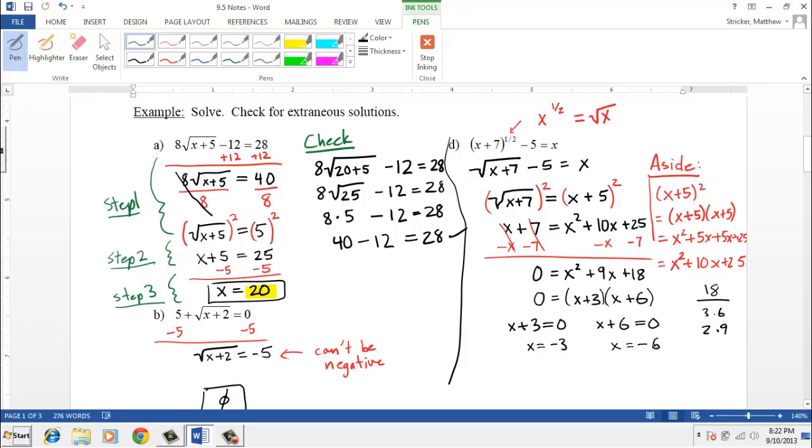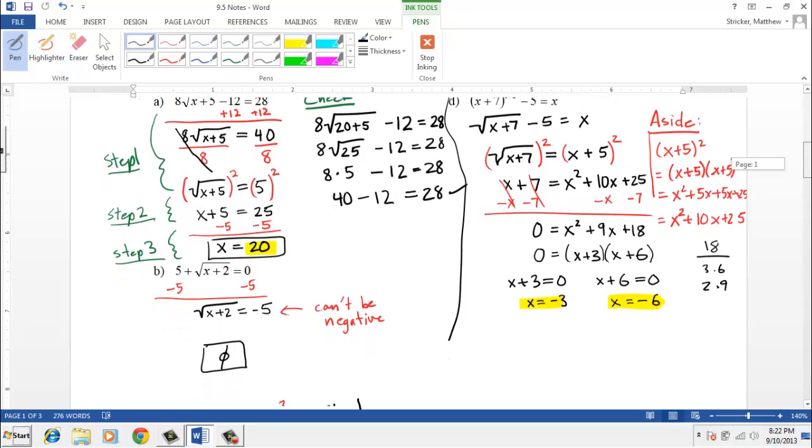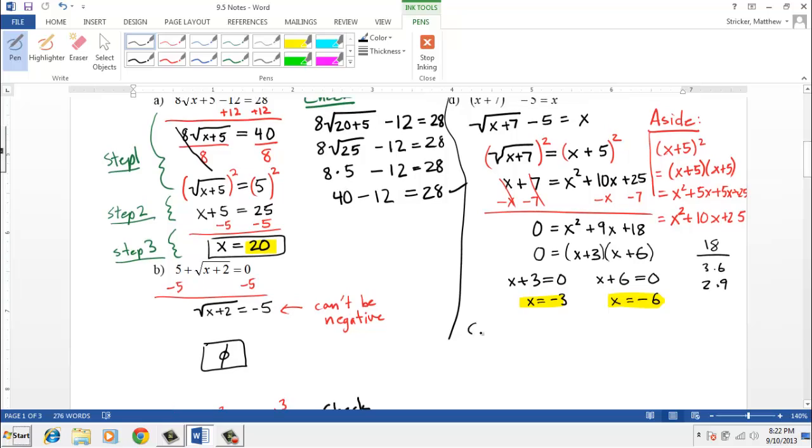And so now we have these two answers. And what's our last step? What's the thing we have to do last once we've found some potential answers? We need to check. And we always check not in this equation, but in the original.